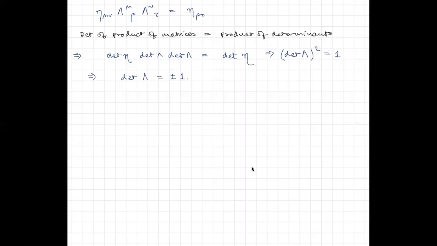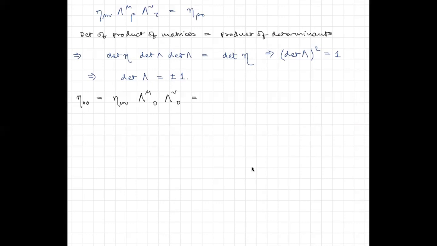Again, the other thing that we need to keep in mind is that if we start off with eta 0, 0, then eta 0, 0 is going to be what? I'm going to write the right hand side here first. So this is eta mu nu lambda mu 0 lambda nu 0.